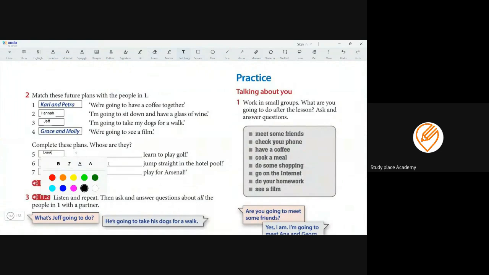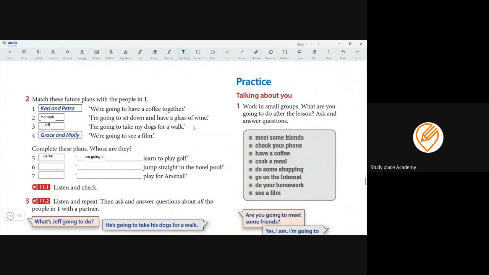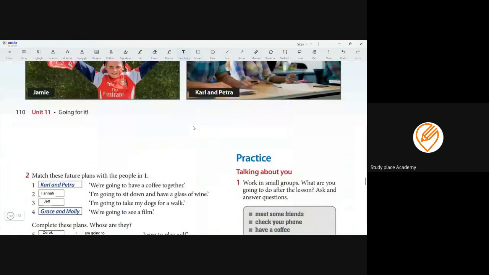Dirk, I'm going to learn golf. Learn to play golf. Okay, jump straight in the hotel pool. Jenny and her family.